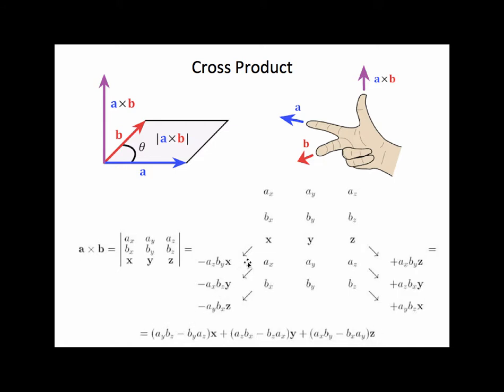If you can't remember that, which many people find hard, you can derive it from the determinant. If you write the vectors like this, the A vector, the B vector, the unit vectors, and the A vector again, the B vector again, then you can look at the diagonals. If you take this diagonal, for example, you have AZ times BZ, and everything on the right gives you negative components.